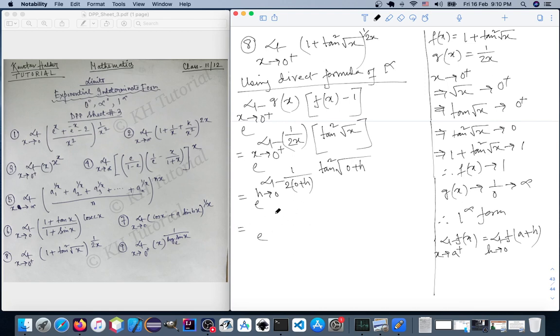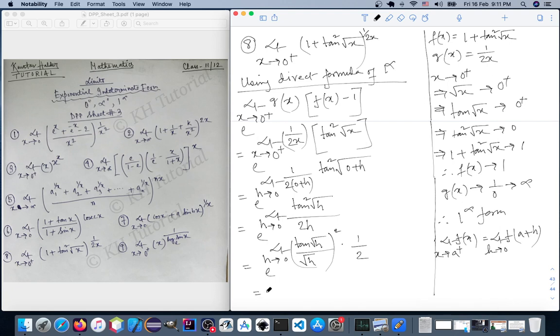This equals limit h tends to 0, tan square root h by twice of h. And this is limit h tends to 0, tan of root h by root h, whole square, and we are left with the half.